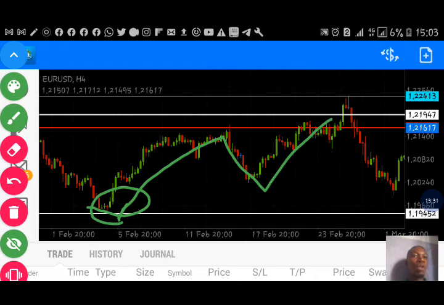It went all the way up to a resistance. Now, when you get to resistance, I'm doing this so that I will not have to come back to the chart anymore. When you get to a resistance, what you'll be looking for are bearish candlesticks going down, red candlesticks.